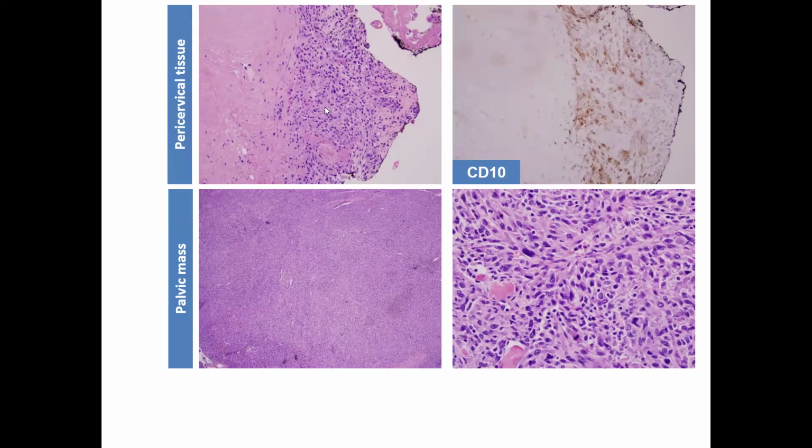And here is an example of a tumor that was actually a recurrence. A tumor was called fibroid, and whatever happened to the patient, and now the patient comes back with pericervical tissue, and this is the biopsy from the pericervical tissue. And then the pathologist did CD10, and it was positive, and it looked and smelled like low-grade ESS.